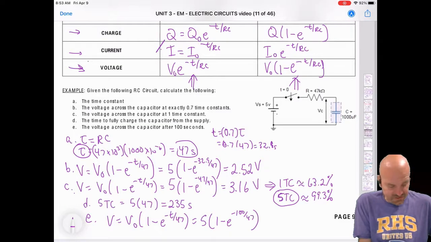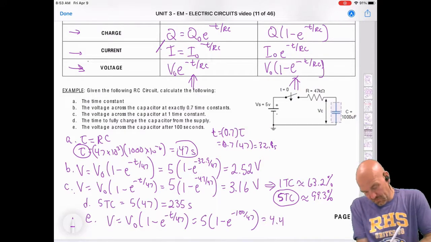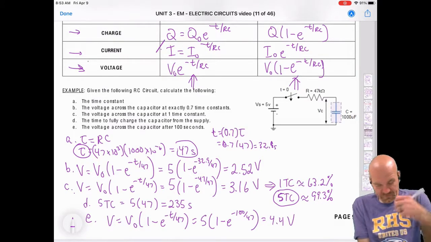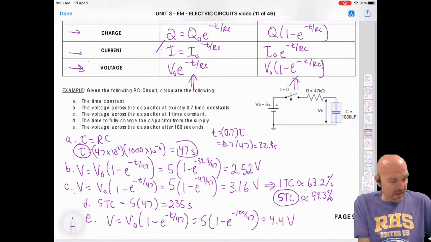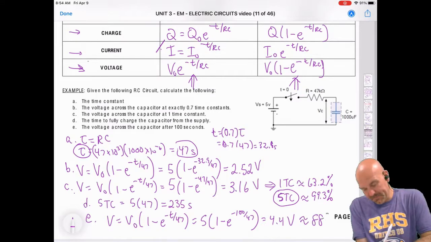And I actually forgot to calculate this one. So e to the negative 100 divided by 47. And so we're at 4.4 volts, right? And so at 100 seconds, which is about half of the full charge time, we're at 88% charge.